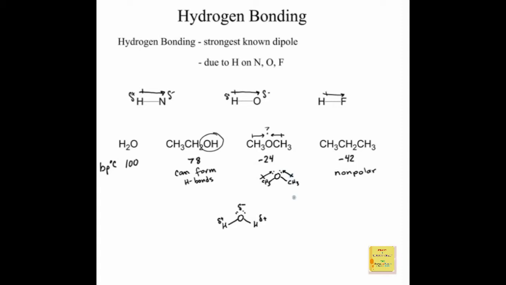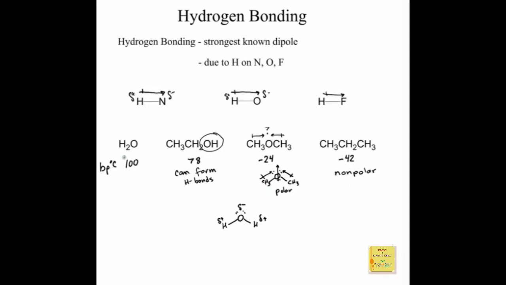This polar bond is pointing up and to the left. So the left and right components do cancel, but they both have this upward component with nothing to cancel. So this is actually a polar molecule. So that explains why this molecule with the oxygen has a higher boiling point than the molecule with all just carbons and hydrogens. There's our increase in polarity.